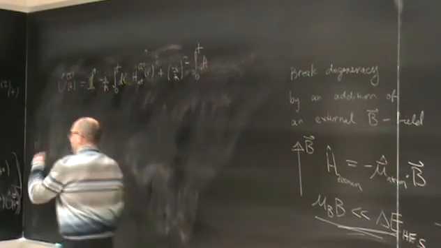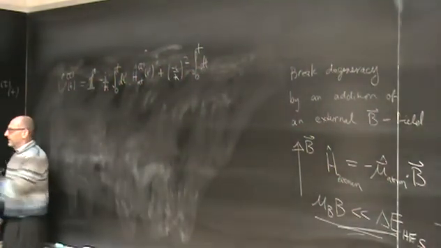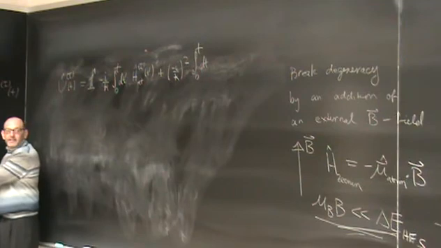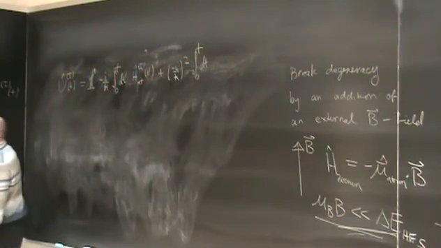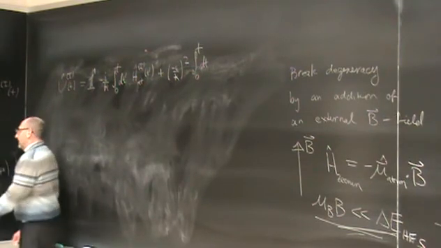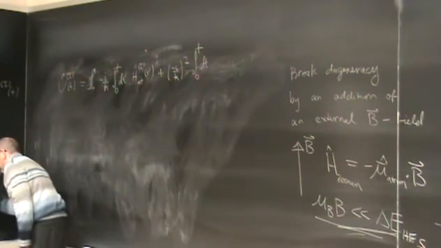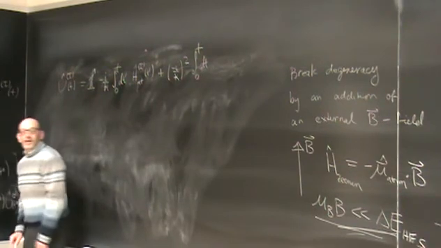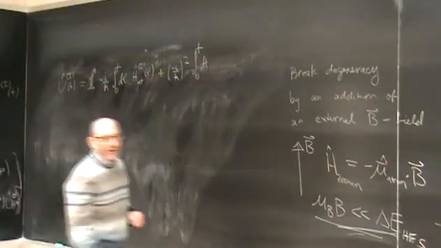Ooh, made a mistake here. This was u at t prime, so this is t prime. This was u at t double prime, so that's t double prime.